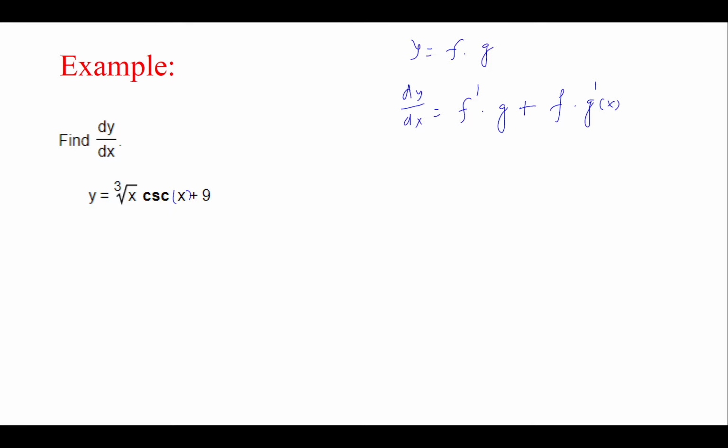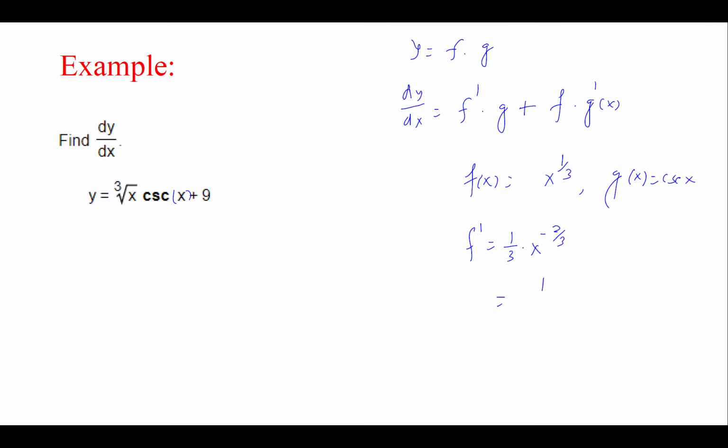In this case, the first function f of x is the cube root of x, which is x to the power 1/3, and g of x is cosecant of x. We find the derivative of f by using the power rule, which is 1/3 times x to the power 1/3 minus 1, which is negative 2/3.